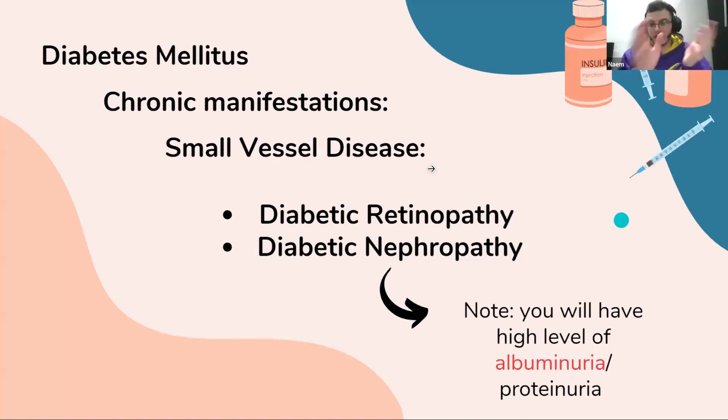For small vessel diseases, where do we usually find small vessels? In a lot of places in the body, but the most clinically important places are the eye, which is the retina, and the kidney, the glomerulus. So in the eye, we have the retina, right?